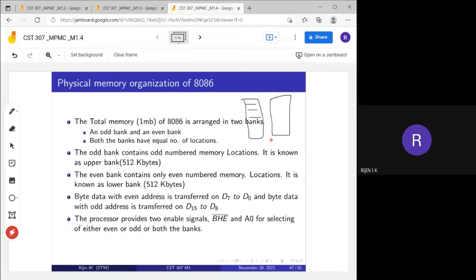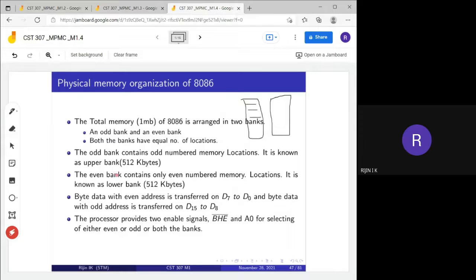You need to remember this point: the total physical memory of 8086 is divided into two halves, one is the odd bank and the next one is the even bank. Both banks have an equal number of locations, and the odd bank contains odd numbered memory locations, that means those whose memory addresses are odd numbers.